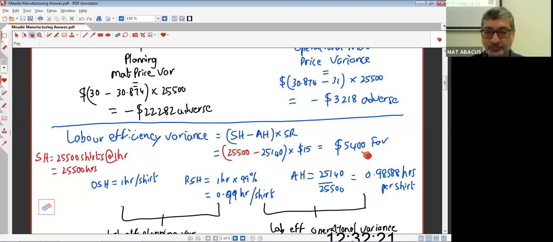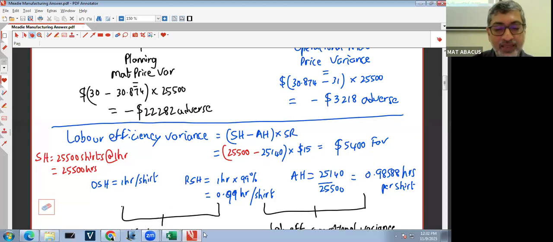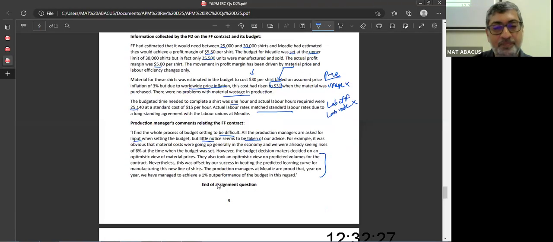However, we must be fair to recognize that at the bottom of the page, it says the production managers at MIDI are proud that year on year we have managed to achieve a 1% outperformance of the budget. Meaning that when they put this 1 hour, remember this is a new contract, a new shirt, they should have considered that they will be able to do it 1% faster.